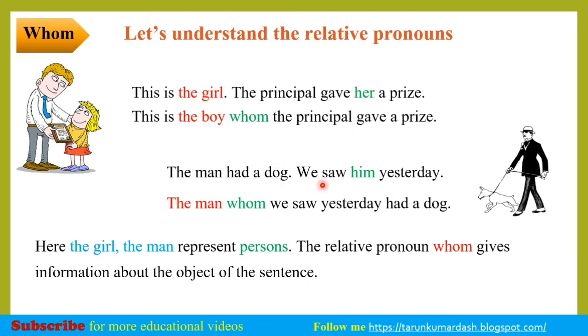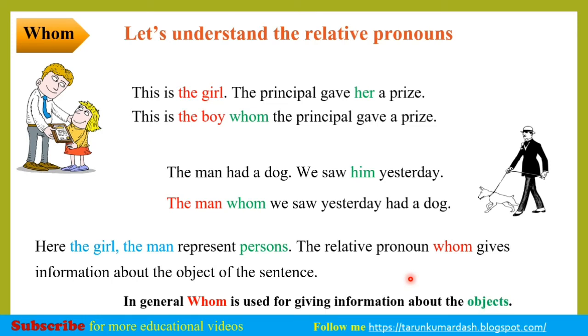Here also, we saw him yesterday. We is the subject and him is the object. So without the subject we are using here whom for the object. If it is for the subject then we should use who. So in general, whom is used for giving information about the objects of the sentence.